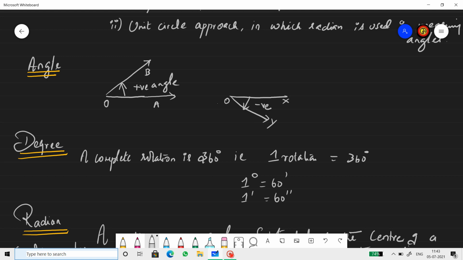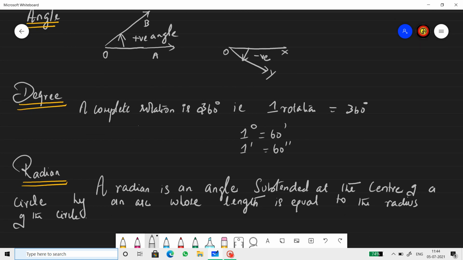Now imagine a revolving line OX rotates and stops at OY. The angle measured is in clockwise direction here. So if it's clockwise, it's a negative angle. If it's anti-clockwise, it's a positive angle.